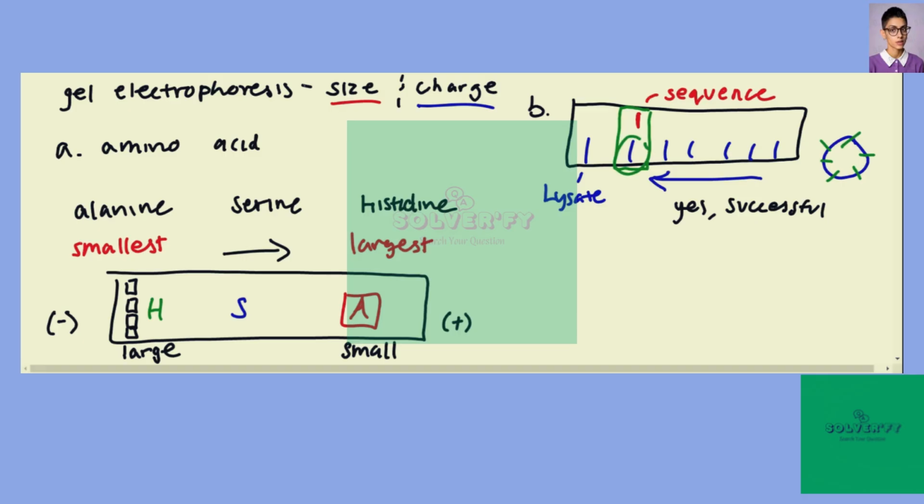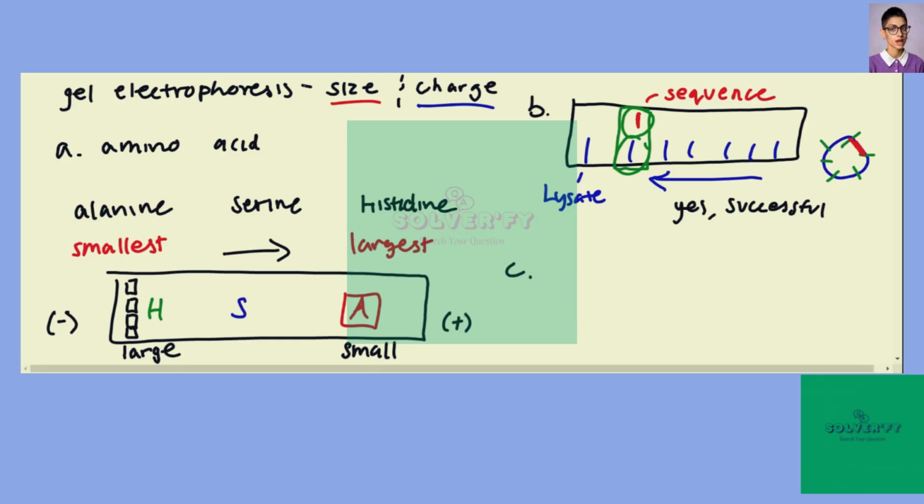So this sequence here would match this sequence here. And because they are located in the same region, we can tell that our sequence has been successfully taken up into that plasmid. So that is one way that we can verify that our protocol was a success, because the developed gel shows the two bands in the same area.